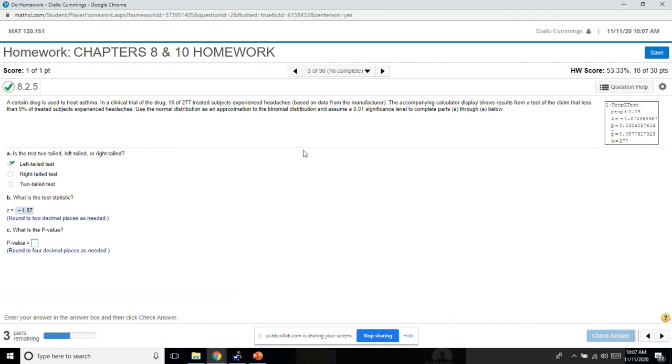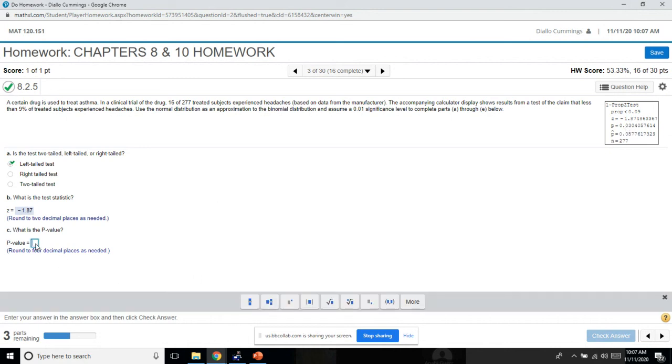If we take a look at the given data, the p-value is 0.0304.